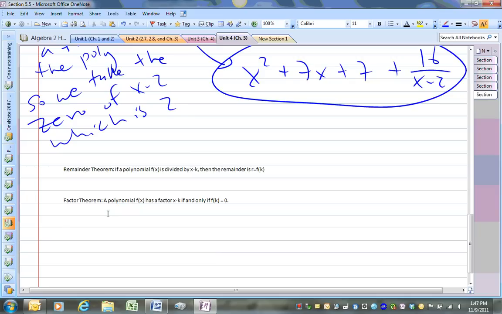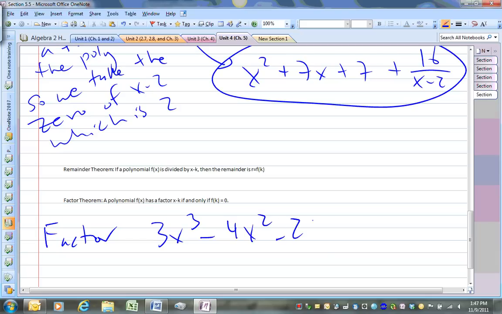So let's say you're told the following. Factor 3x cubed minus 4x squared minus 28x minus 16 if x plus 2 is a factor.